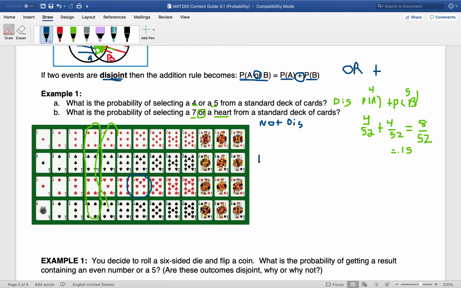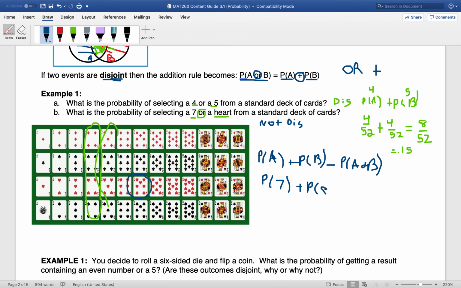So what we need to do is the probability of A plus the probability of B. And we're going to have to subtract out that A and B. Minus A and B. So in this case, we want to find the probability of a 7 plus the probability of getting hearts.